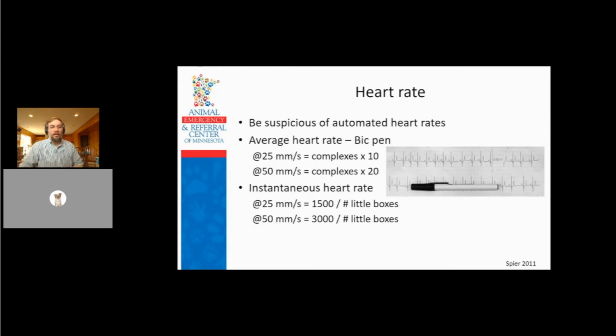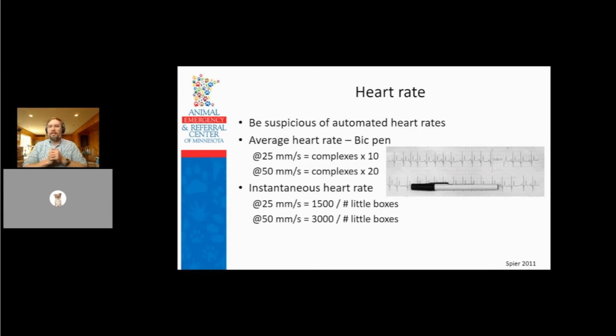There's two main ways to do it. The average heart rate is typically the one I do the most and is the most helpful. Just to review, I'm sure most people remember the Bic pen method, where at 25 millimeters per second, which I think most EKGs default to, 50 stretches it out a bit more to help with timing measurements.